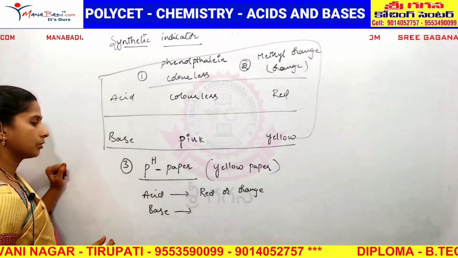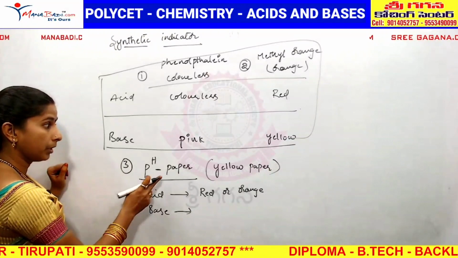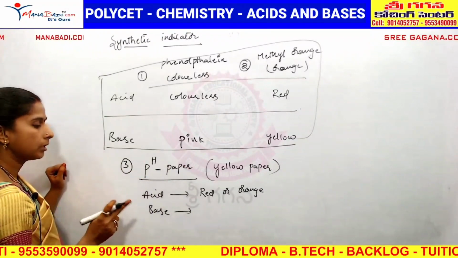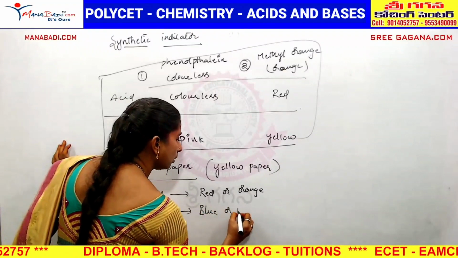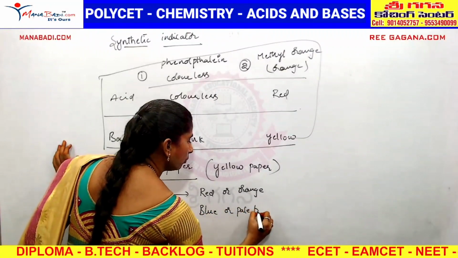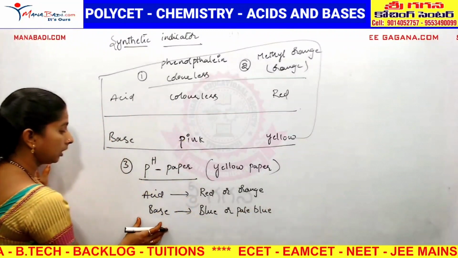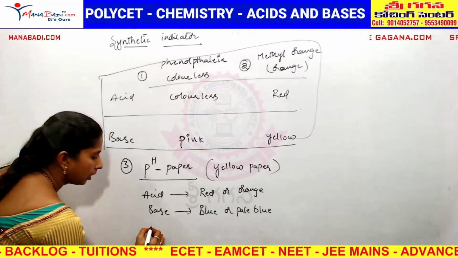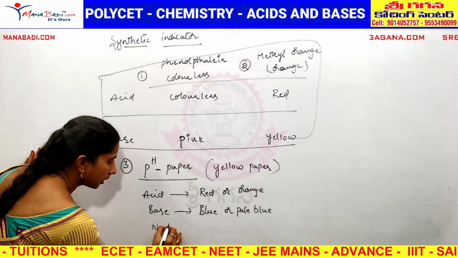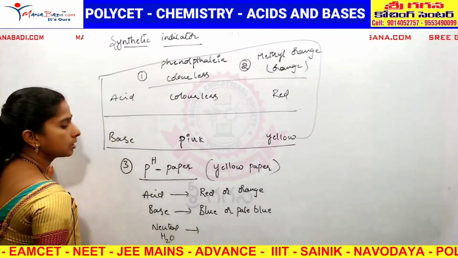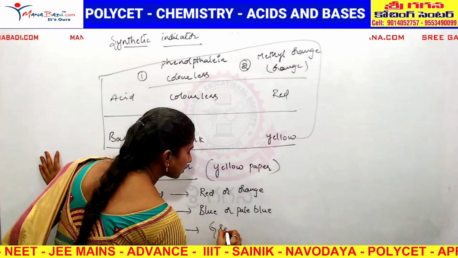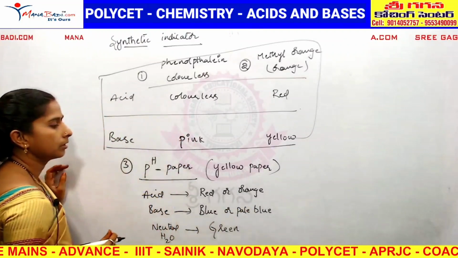If pH paper turns yellow to blue or pale blue, that is base. If it is neutral, like water, the yellow turns to green color.